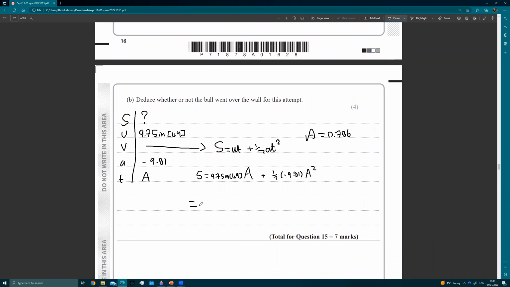Okay, I'm going to do this quickly. I got 2.72 meters. So this is my displacement.